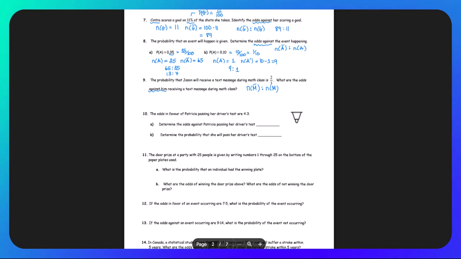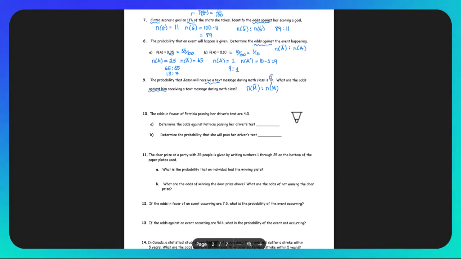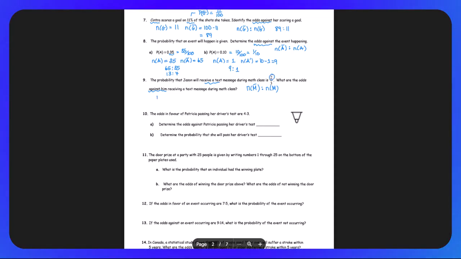Well, we know that the number of ways of receiving a message is 2. That's that 2 in the top there. So we're going to say the number of M's is 2. But for the number of ways of not receiving, remember, we can just take the total and subtract the number of M's, which is going to give us 3 minus 2, which is going to equal 1.